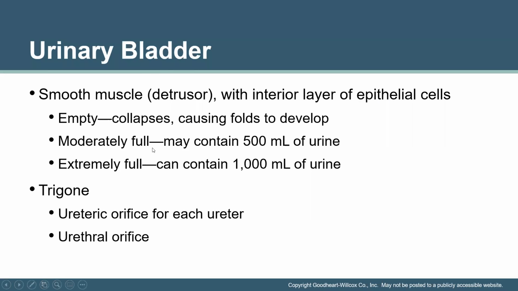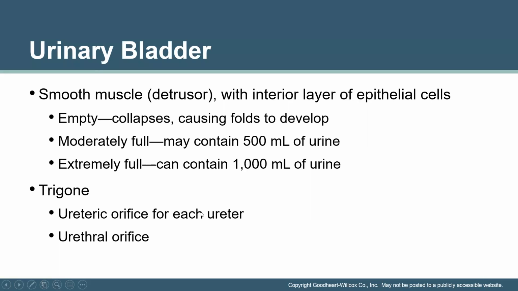When it's empty, it will collapse, causing folds or rugae to develop, similar to the stomach. As storage vessels, when both organs are empty, you can see the folds, again, the rugae. When it's full, you can't. A moderately full bladder may contain 500 milliliters of urine, and an extremely full bladder can contain 1,000.